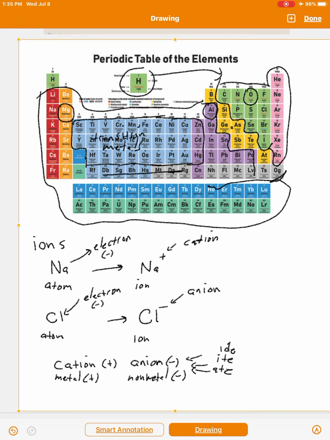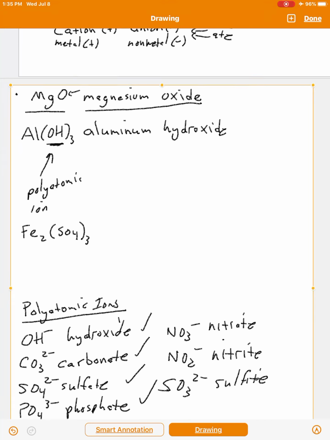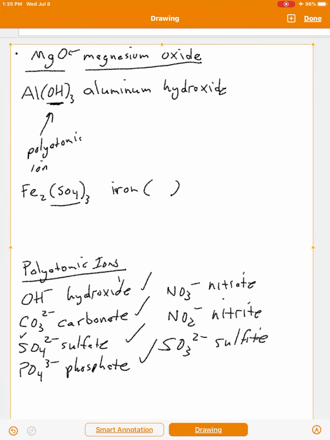So here's how you do it. Here's Fe right there. This is called iron. So we're going to call this iron, but I'm going to go ahead and put parentheses around the iron, or next to the iron. Then I'm going to name the polyatomic ion, which is sulfate.